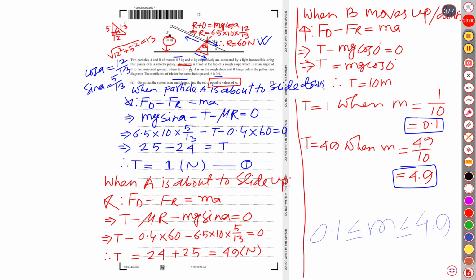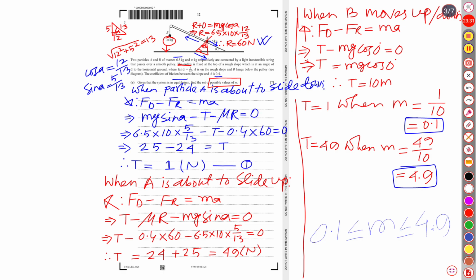If the mass of particle B ranges from 0.1 kg to 4.9 kg, then the system will be in equilibrium. Otherwise, if it is less than 0.1 kg, then particle A will slide down. If it is more than 4.9 kg, then B will come down. So that's all about the solution to this part.